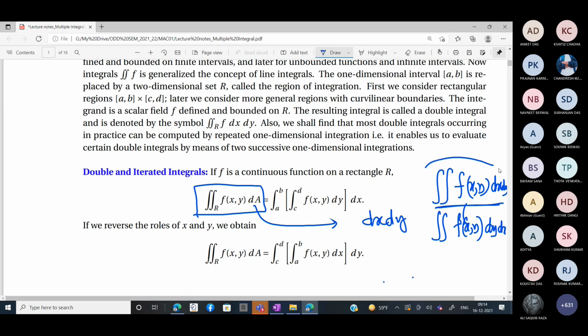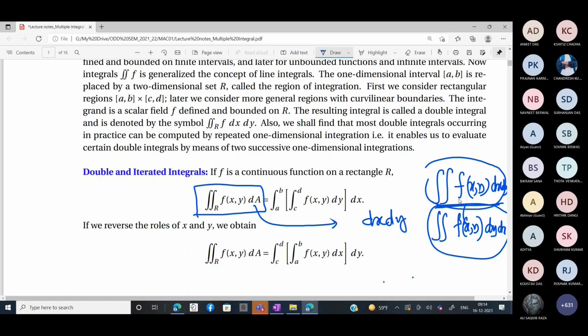This is the symbol for double integration. You can write dx first and then dy, or even dy first and then dx. There is no issue. Now, how can it be evaluated? It can be evaluated by means of the repeated integral.